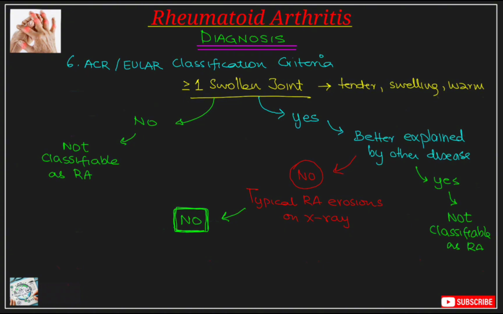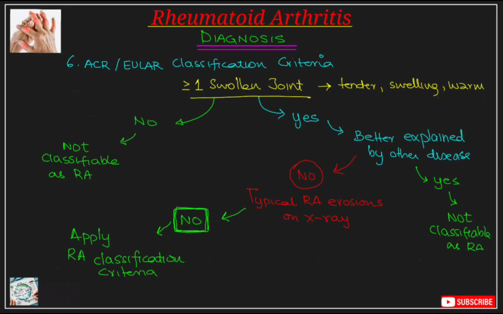Does this mean that the patient does not have rheumatoid arthritis? The answer is no. It just means we need to apply the scoring system to confirm the diagnosis. This scoring system assigns points based on the 4 categories, which I will explain in a moment. If a patient scores 6 or more points, they meet the classification for rheumatoid arthritis.